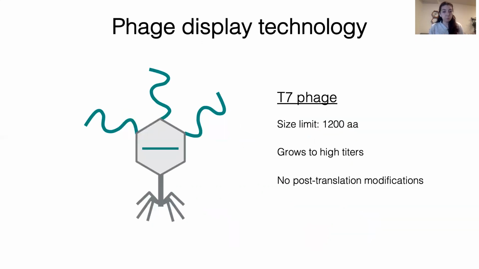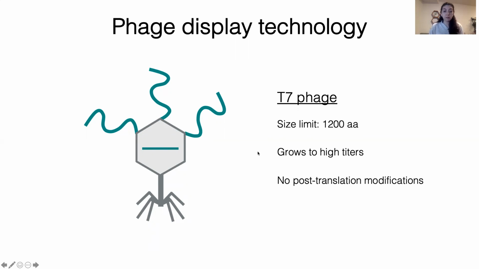Phage display is a common tool used to link proteins or peptides on the surface with their sequence inside the phage. We specifically use the T7 bacteriophage, and in this system, the protein sequences are expressed as a fusion to the capsid protein on the surface.